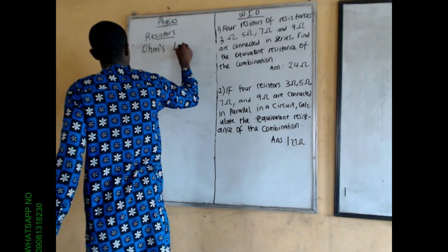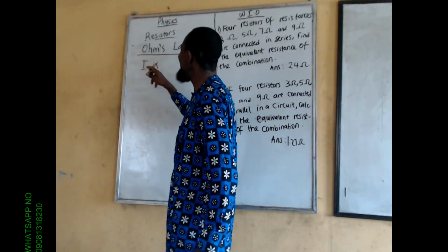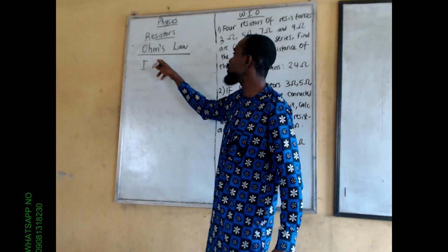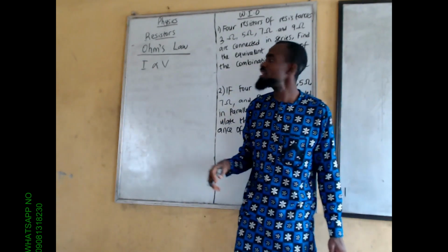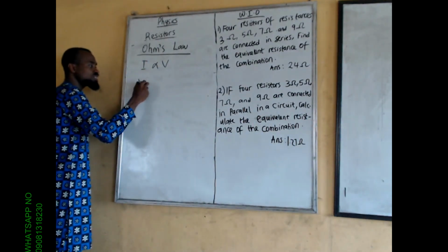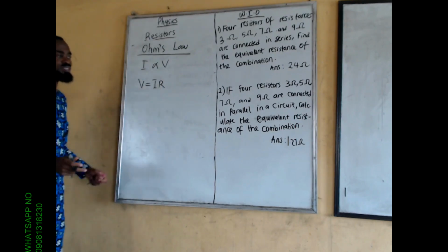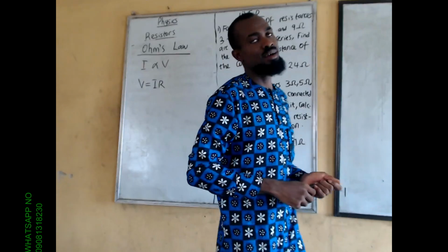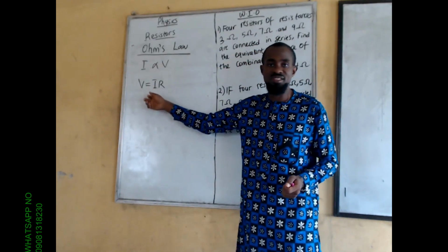So there's a direct proportion between the current flowing through the metallic conductor and the potential difference across its ends. Now the formula for Ohm's law is V equals I R, where R stands for the resistance of the material.